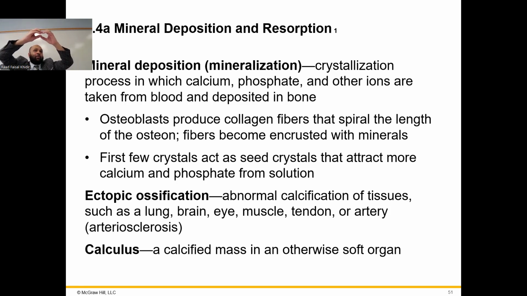So now the muscle of the heart is going to get thicker to keep up with this blood that we're going to try to pump out. Calculus is a calcified mass in an otherwise soft organ, like the calcification of the heart.